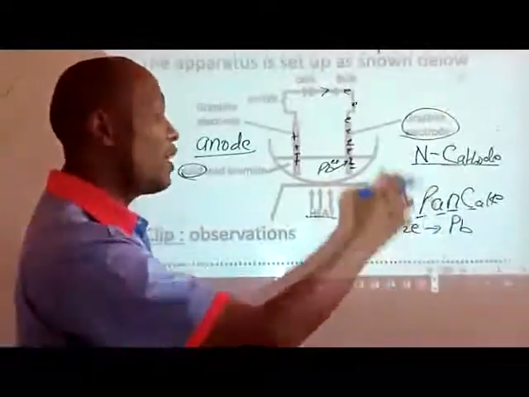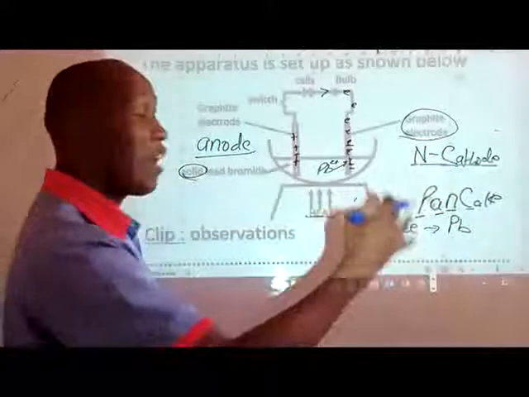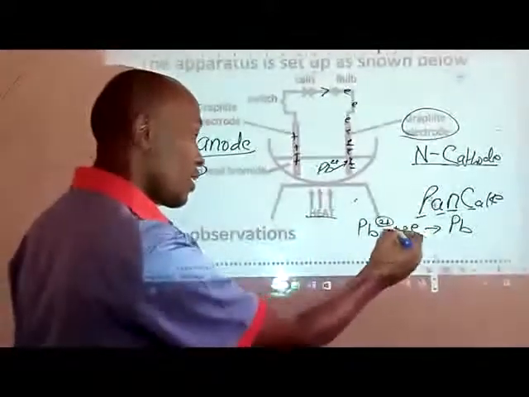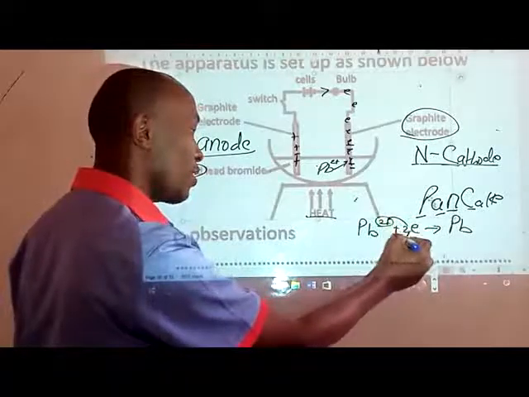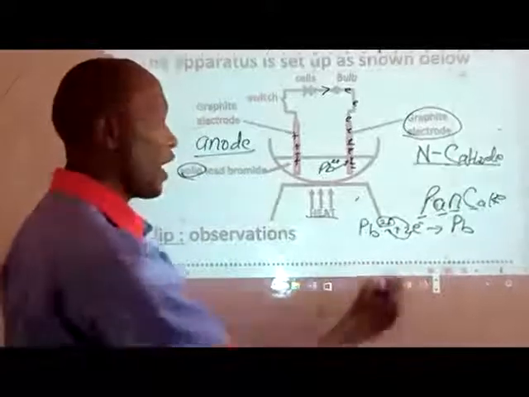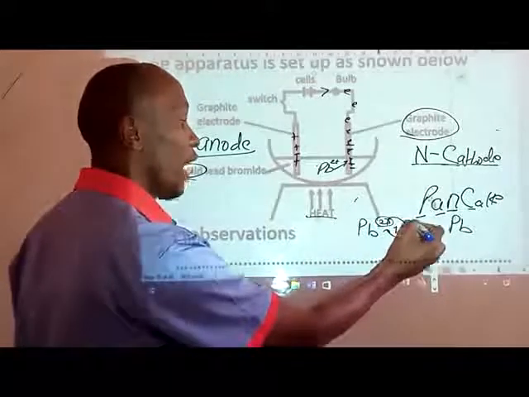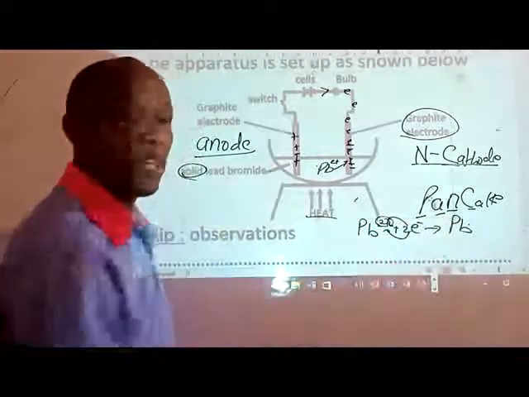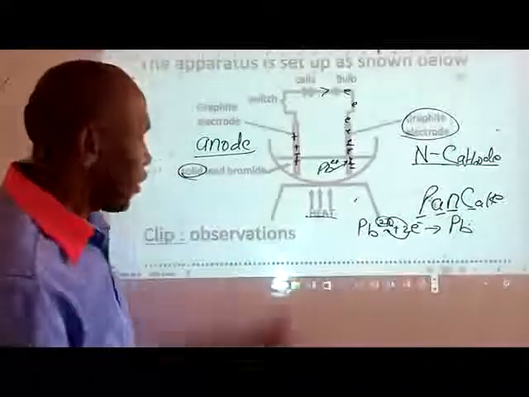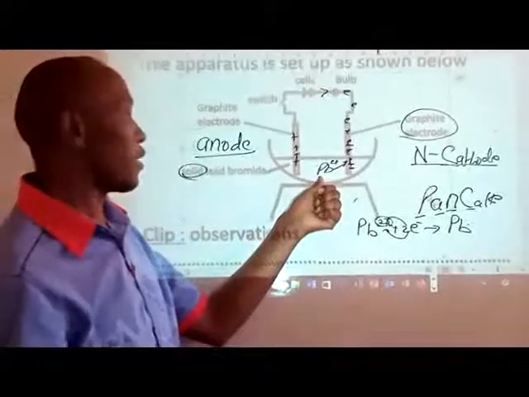We say they have been discharged. Because electrons are negatively charged, you can add negatives to the lead so that it becomes neutral. So it is discharged.